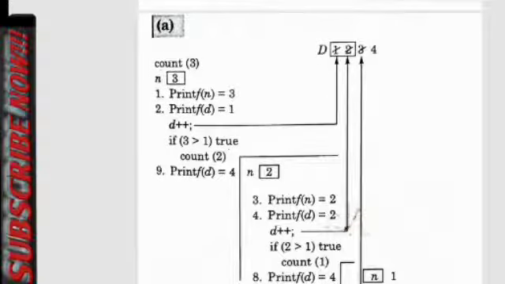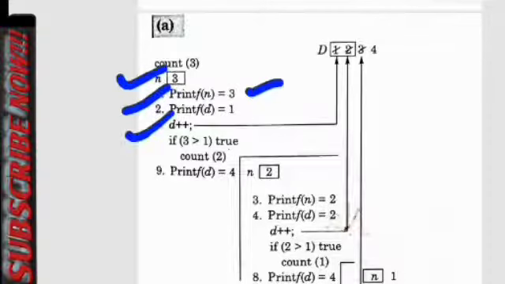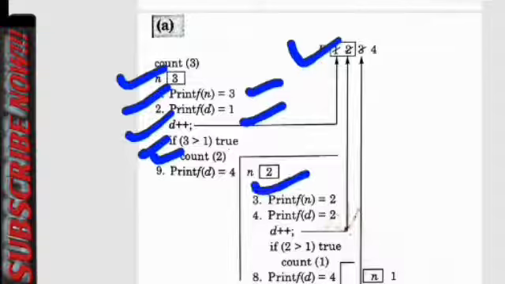So here when we put count 3, it means n equal to 3, so we print n equal to 3 and print d equal to 1, and d plus plus, it goes to 2. If n is greater than 1, yes, 3 is greater than 1, it is true, so count 2. Now come to count n equal to 2, then we print n equal to 2 and d equal to 2 and d plus plus means it increments the value.